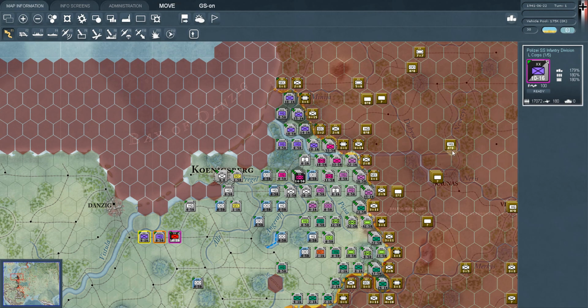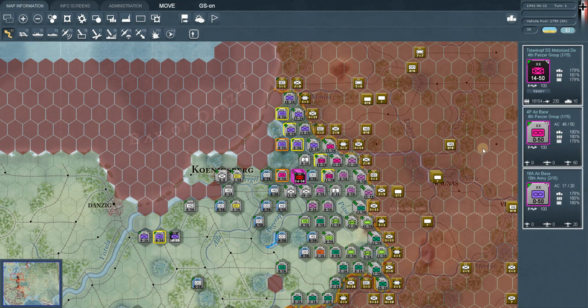So the typical Russian unit is this kind of drab brown, while our units are this grayish color. But then we have what are considered special or elite units, like these SS units. And you can tell them because they have black like this. Here's another one, the Totenkopf SS Motorized Division, that is black in the counter. These are elite special units.